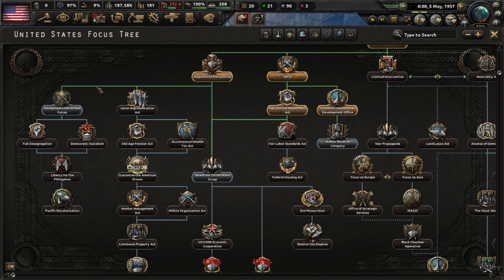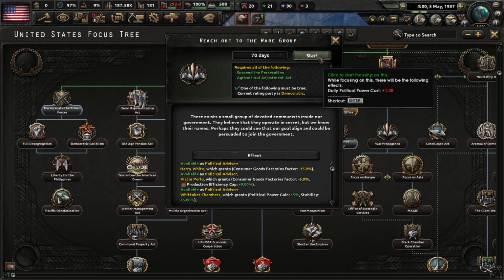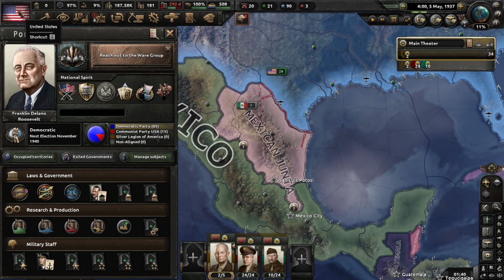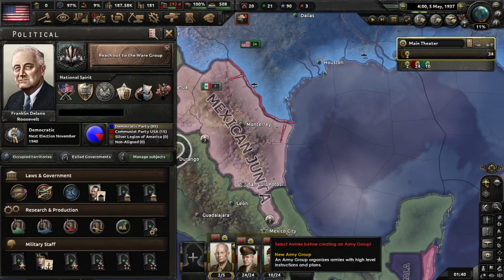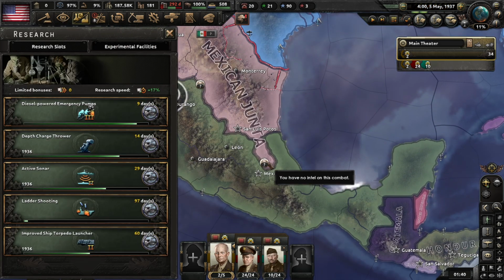So yeah, manpower is based in land, and I probably should have done medium lobbying effort.